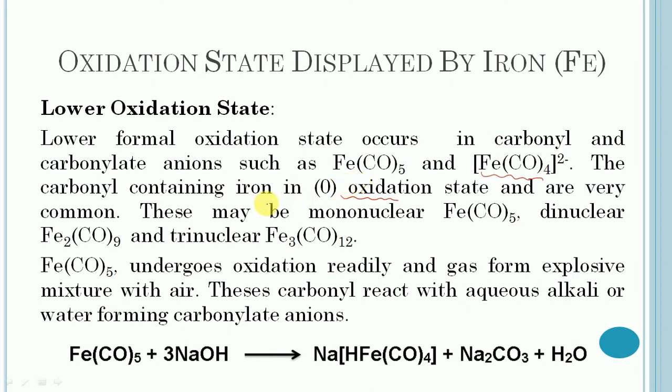These may be mononuclear with this formula, dinuclear with this formula and trinuclear with this formula. Iron 5 carbonyl undergoes oxidation readily and its gas forms an explosive mixture with air. These carbonyls react with aqueous alkali or water, forming carbonylate anions.